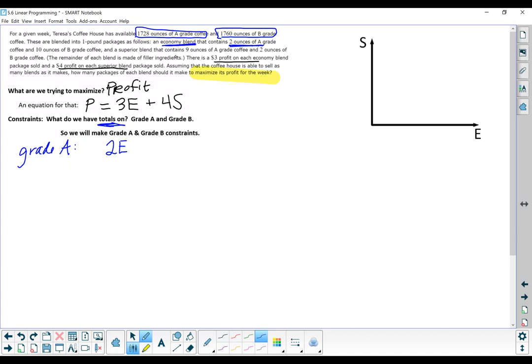And then if I keep reading, the next time A is mentioned is that a superior blend is 9 ounces of A. So 2E plus 9S. So that's the grade A coffee they need to create these bags. And then we know that they have 1,728 ounces of A available. So however much they use in those bags that they're creating, it can't go over 1,728.